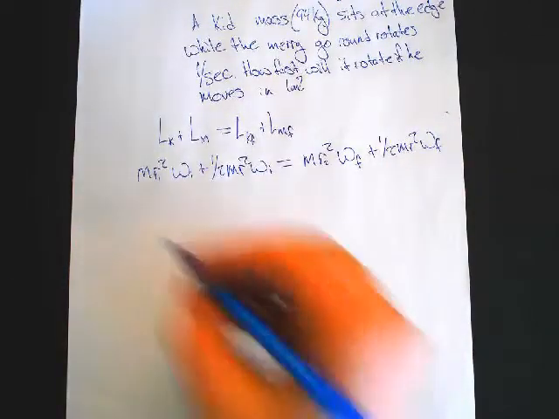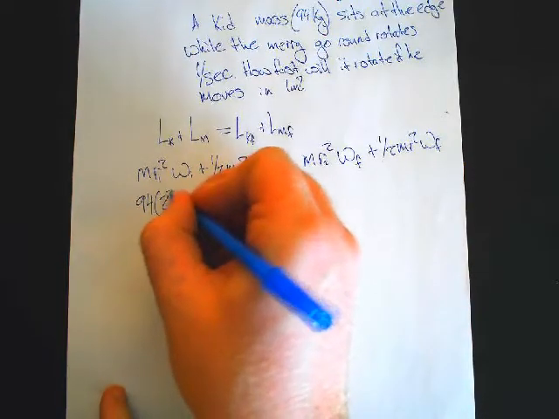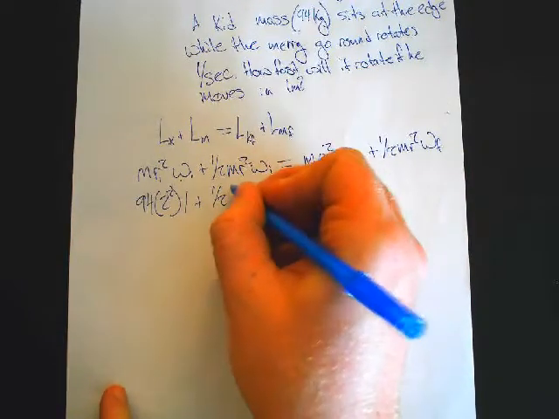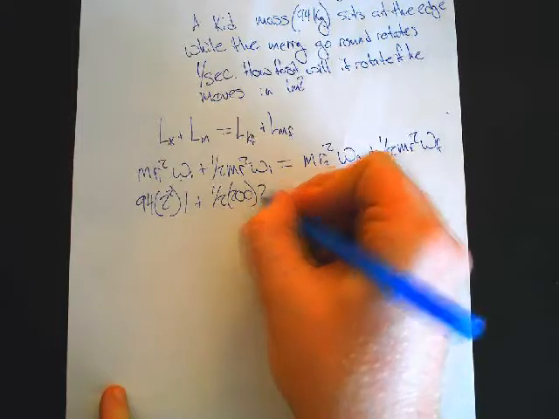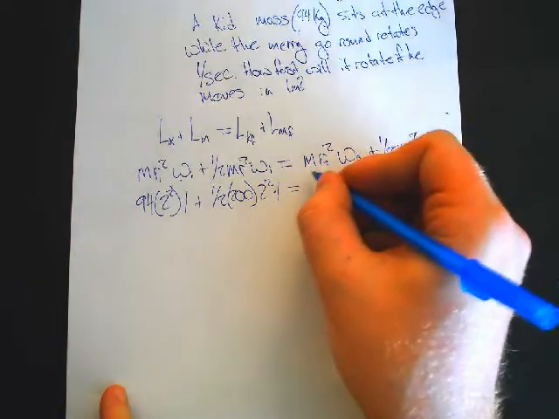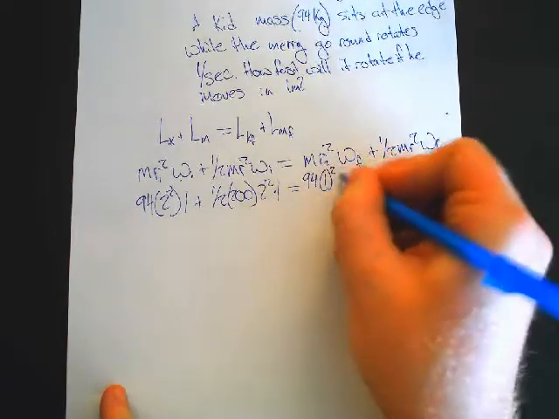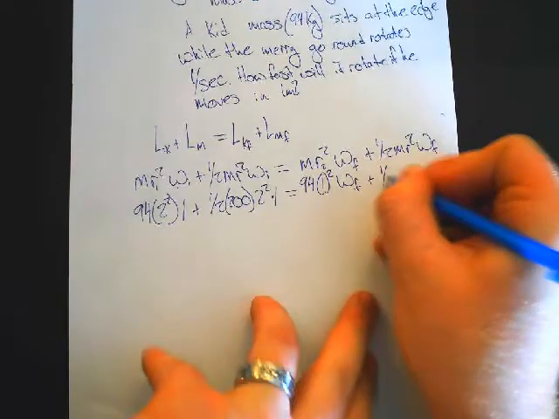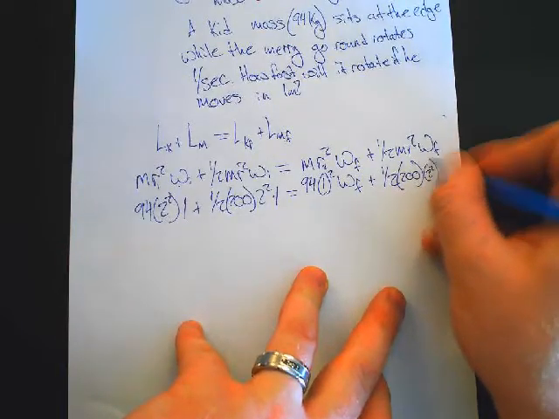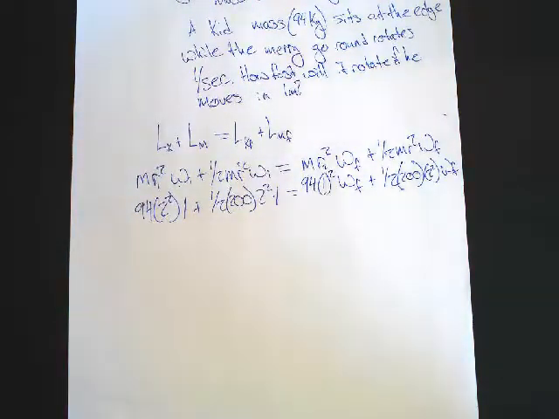Plugging in numbers, I have 94 times 2 squared times omega, which is 1, plus 1/2 200 times 2 squared times 1 is equal to, kid's mass didn't change, 94, but his radius did, 1 squared omega final, plus 1/2 200. Radius of the merry-go-round didn't change, 2 squared omega final. Questions about plugging numbers into this?